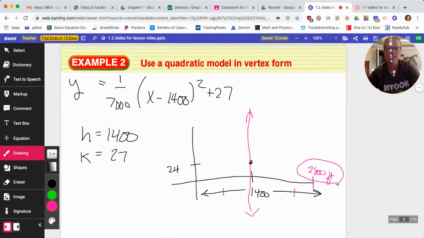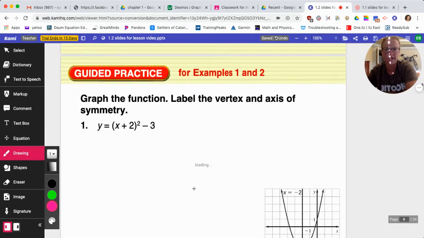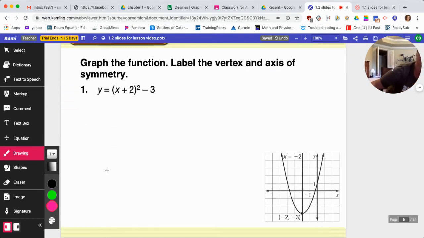So a problem that looked kind of daunting actually wasn't once you dissected all the stuff. All right, we have a few guided practice. Graph the function, label the vertex and axis of symmetry. So here I have a equals 1, h equals negative 2, because remember it has to be x minus h.